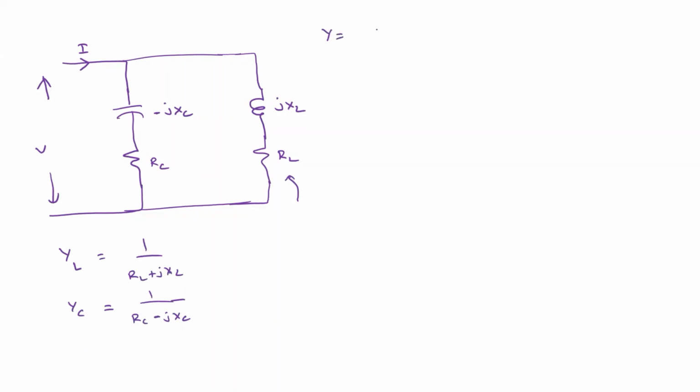Okay, so from this Y, I am writing straight away. What is the first term? RL by RL square plus XL square, that is, omega L squared. Then minus jXL by RL square plus XL square.